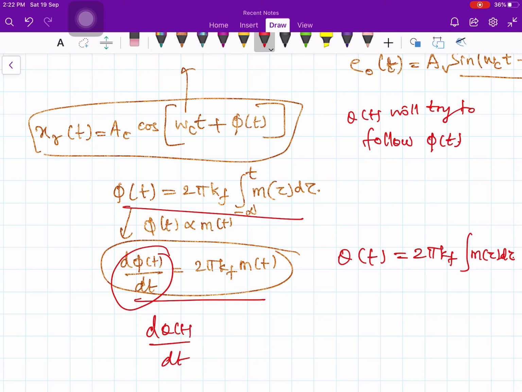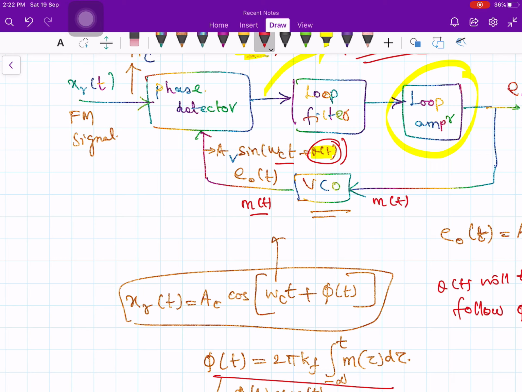So that means d theta by dt follows the message. That means the input to the output is my message. The output of my voltage controlled oscillator is omega ct plus theta of t, and this theta of t follows the message. That means the input is message.